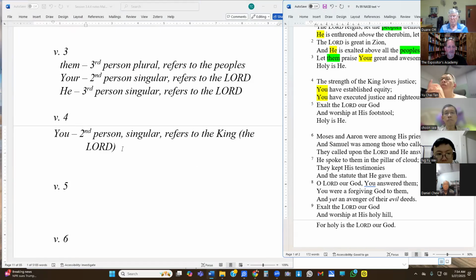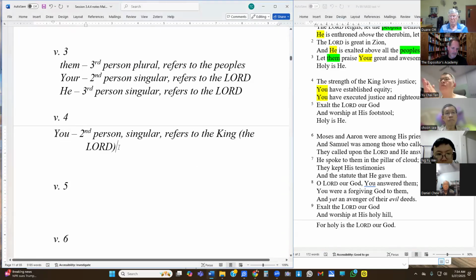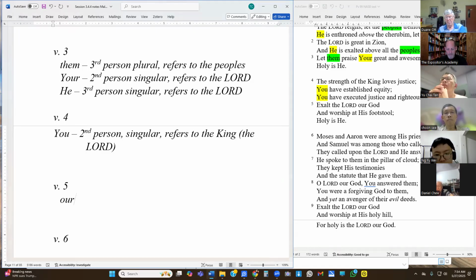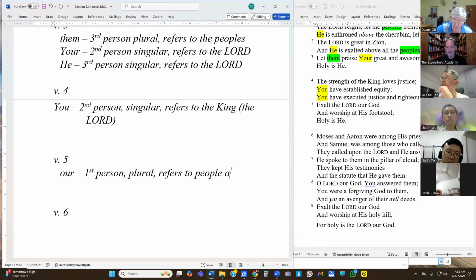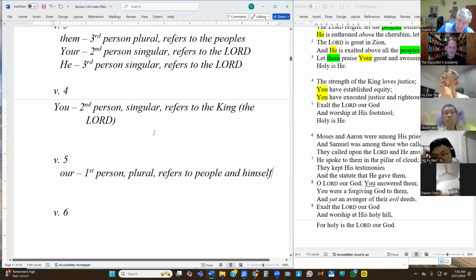Verse 4, yeah, this is all for verse 4. Then verse 5, "exalted the Lord our God," our is first person plural. Good. Then it refers to people, but I would say Jacobites, Israel, the people and himself, right? Because he says our.